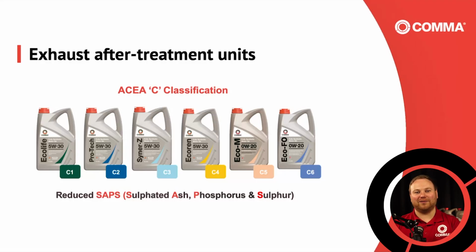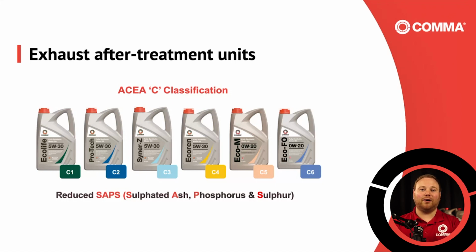Low SAPS stands for low sulfated ash, phosphorus and sulfur, and is a term used to describe oils that have been specifically designed to protect diesel particulate filters and catalytic converters. Oils classified as reduced SAPS will usually have an ACEA classification of C1, C2, C3, C4, C5 or C6 printed on the bottle.